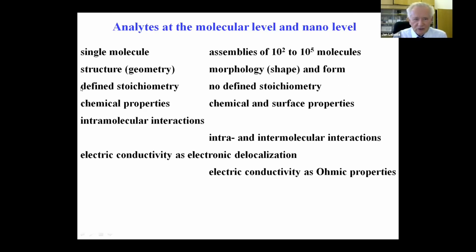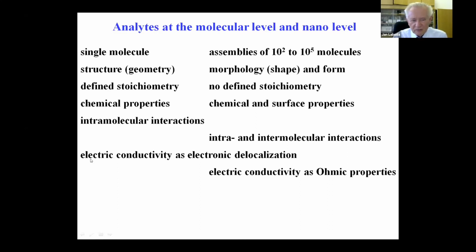In difference to molecular level, which defines stoichiometry, in the case of nano level, we typically have no defined stoichiometry. And together with chemical properties, surface properties become really very, very important. That is, not only intramolecular, but also intermolecular interactions play a significant role.